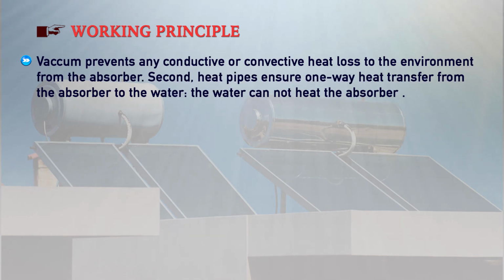First, the vacuum prevents any conductive or convective heat loss to the environment from the absorber. Second, the heat pipe ensures one-way heat transfer from the absorber to the water. The water cannot heat the absorber.